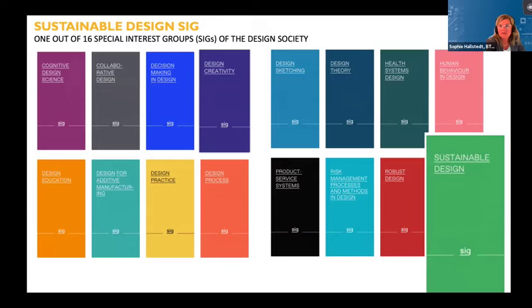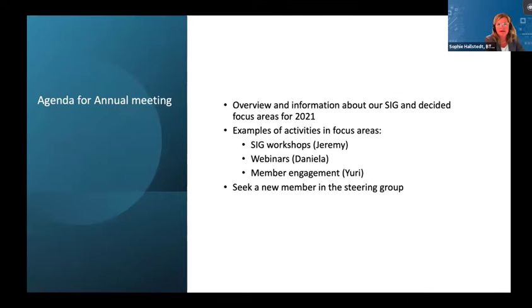And we try to have some information and present what we're doing at the conference in design and ICED. And this year we would like to give you some information about some focus areas. We have workshops, we have webinars, and we have member engagement. And also we seek a new member for the steering committee.